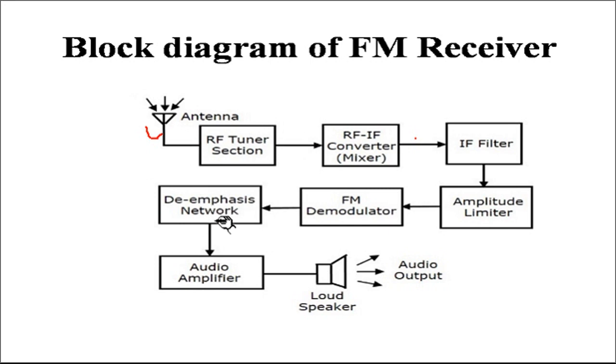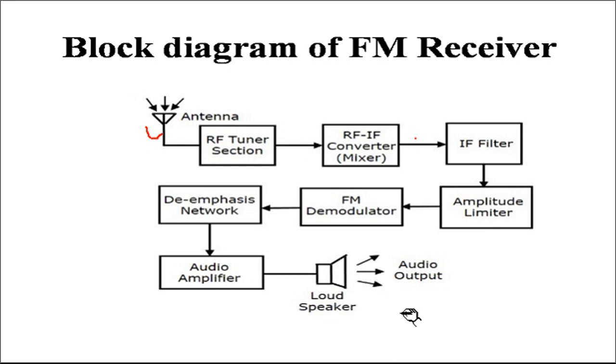The output of this low pass filter, or de-emphasis network, is given to the next block called the audio amplifier. It increases the power level and we get the original signal. It is a power amplifier which will amplify the detected audio signal. This processed signal is strengthened to give an effect. This amplified signal is fed to the next block called the loudspeaker.